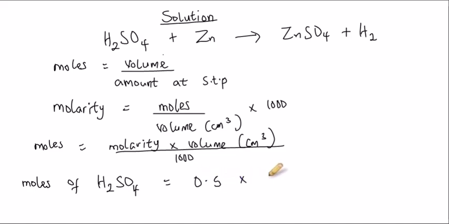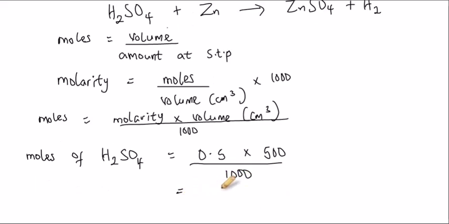In the question it is 500 cm³, so we have 500 divided by 1000. So calculating this, we have 250 divided by 1000, which is equal to 0.25, and our unit moles. So with this, we've gotten the moles of H2SO4 acid that reacted with the zinc metal.